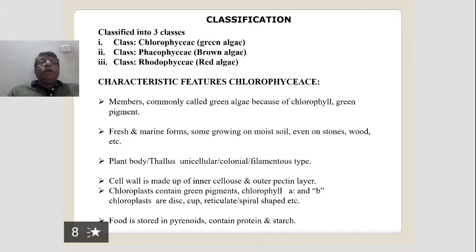Algae are classified into chlorophyceae, phaeophyceae, rhodophyceae. Chlorophyceae includes green algae. Green algae because the members of this class chlorophyceae contain the chlorophyll pigment.